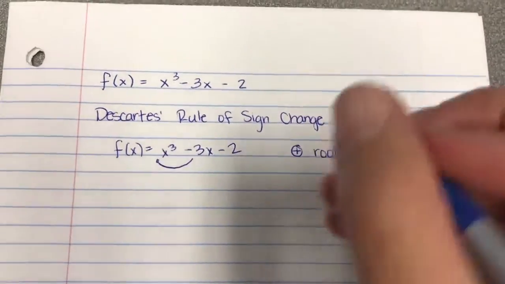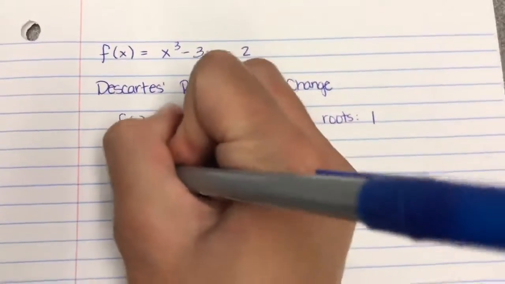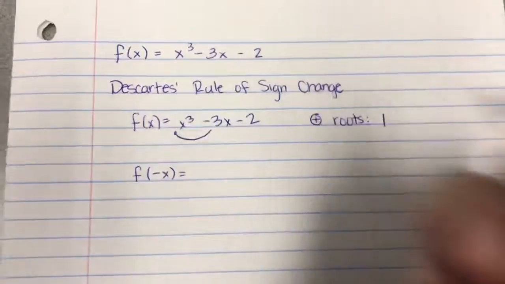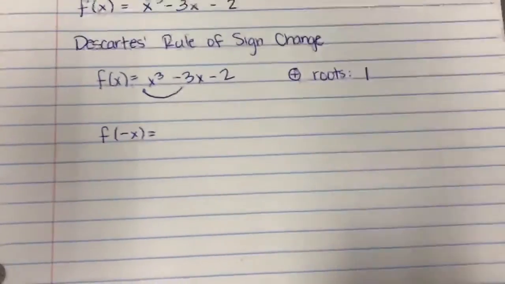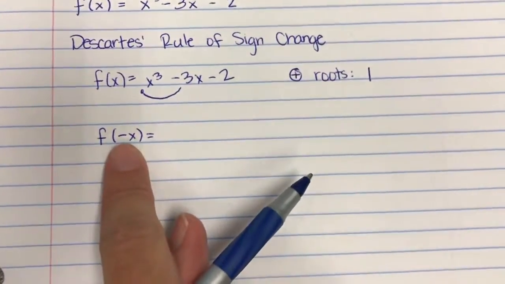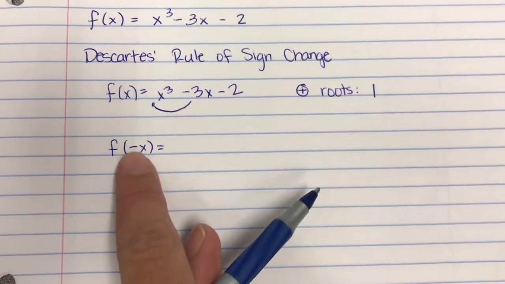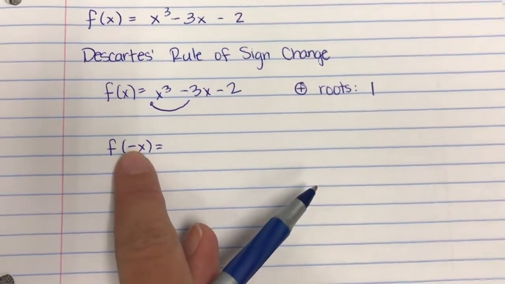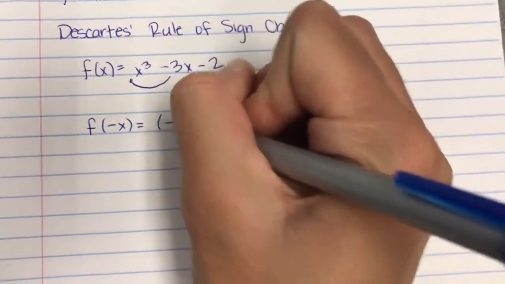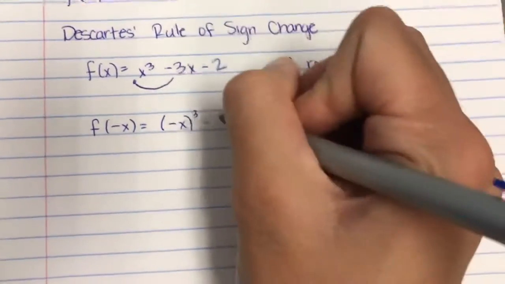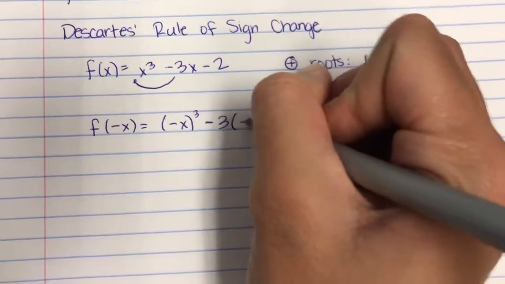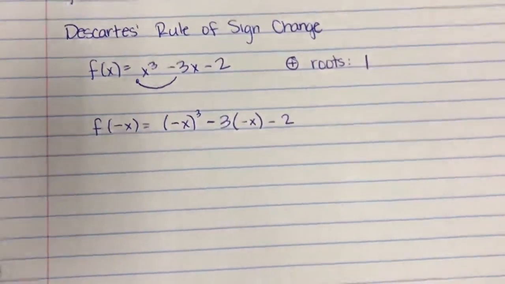Now what about negative roots? We need to plug in a negative x to figure out negative roots. What this is saying is, what happens if I have a negative x as one of my roots for this polynomial? So I'm going to plug that into my original equation and simplify.